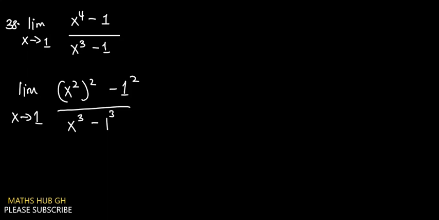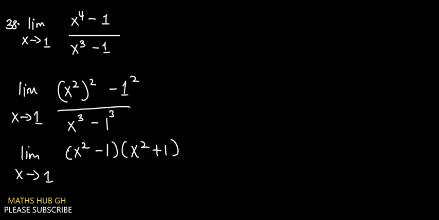So for the numerator, you can write it as x squared minus 1 multiplying x squared plus 1. You can write the numerator in that form.